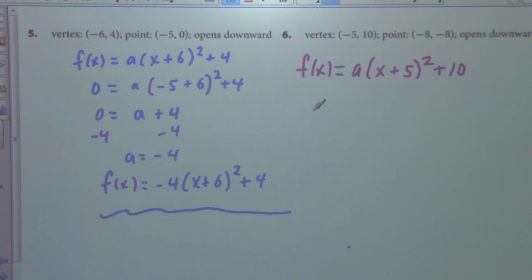So then you insert the point, negative 8 equals a times the quantity of negative 8 plus 5 squared plus 10. See, he used the quantity there. That was really genius, Ben. Then simplify it to negative 8 equals 9a plus 10.